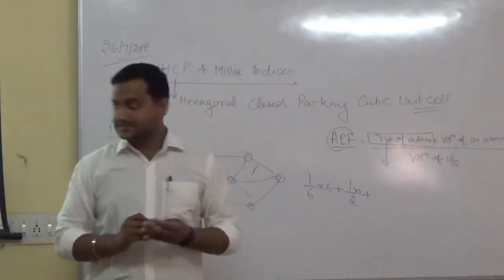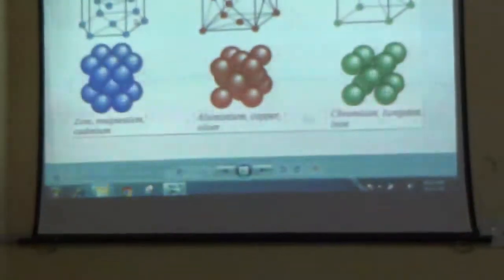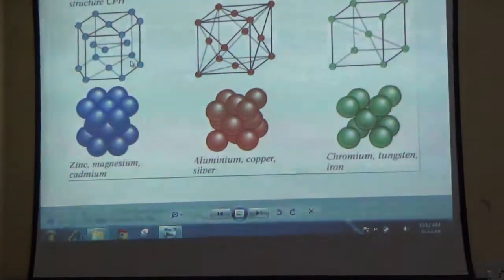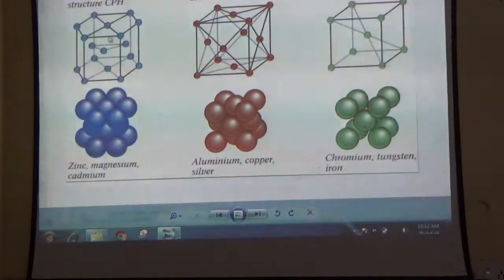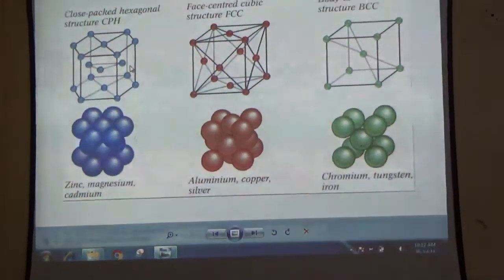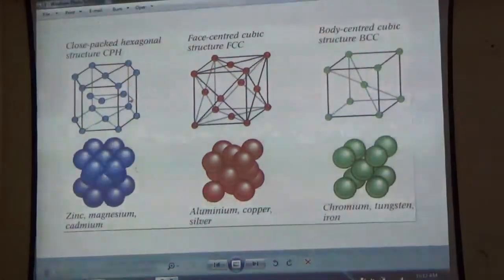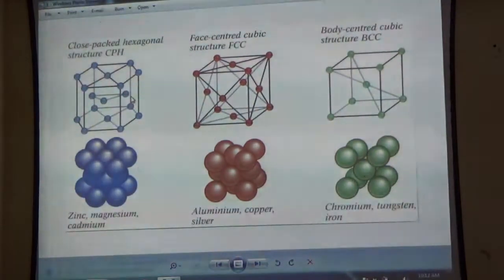Plus, as in the three-dimensional diagram, I calculated for this lower base only till now. As we move further in the vertical direction, we find that there are 3 atoms which are totally occupied by this unit cell. These are not shared by another unit cell. These are totally occupied in this single unit cell.